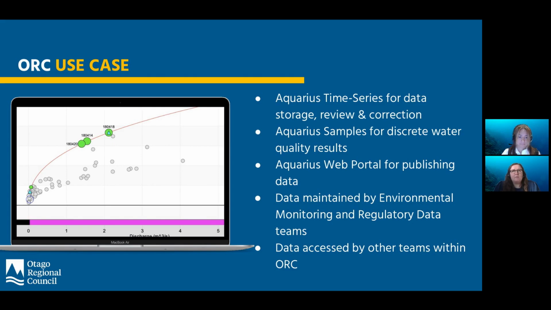We use Aquarius samples for our discrete data, so that's mostly our water quality sampling data, as well as some biomonitoring and ecology data. And then we also use the Aquarius web portal platform for publishing our data, both externally to the public and internally to other teams within Council as well.